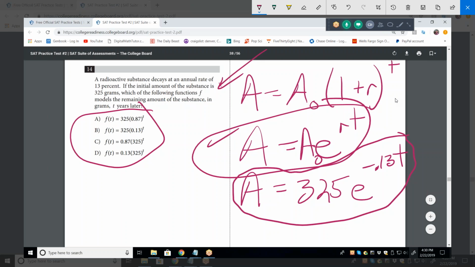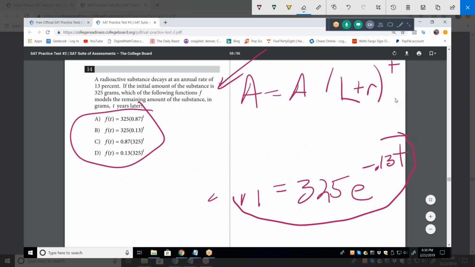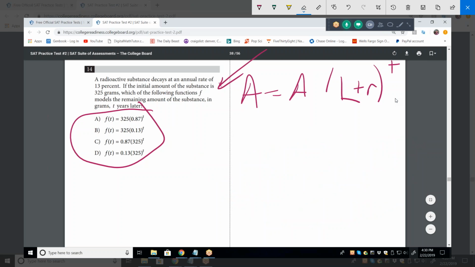If you don't see any e's, then it's not that. In other words, it does not use Euler's constant. So we have to use that first formula. It's not that much different, and it does fit our model.